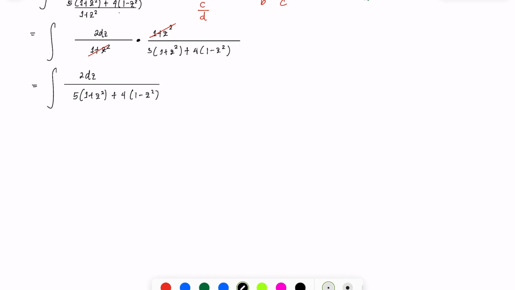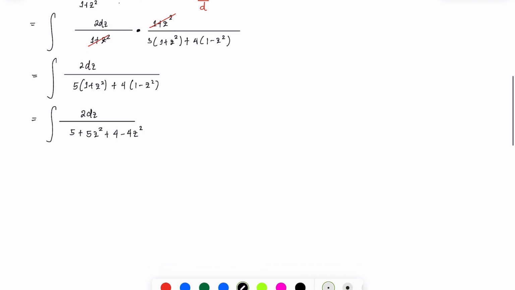We can further simplify this one. We have 2dz, and then distribute 5 on the first term, so we have 5 plus 5z squared, and then distribute the 4, so we have 4 minus 4z squared.